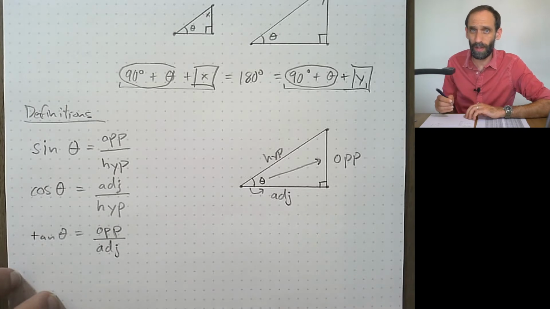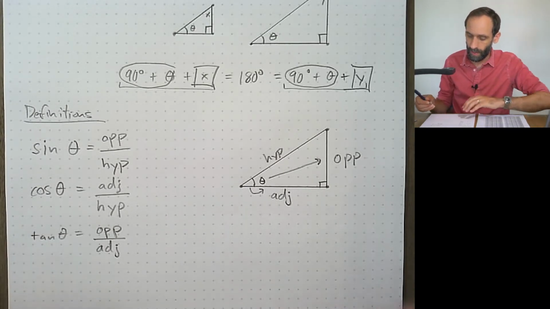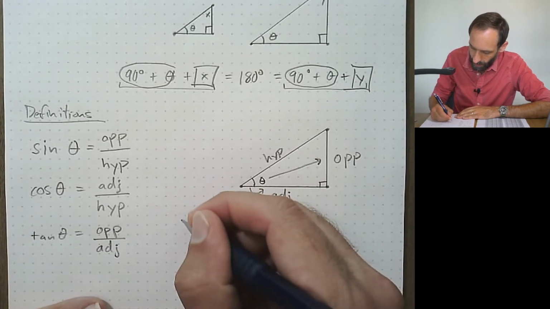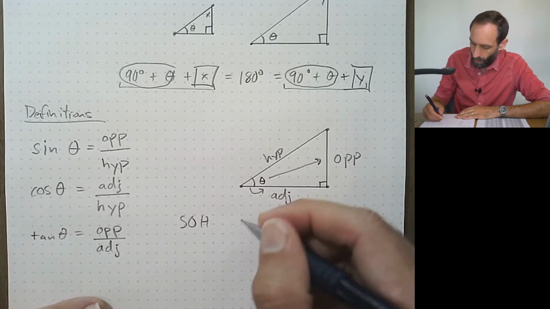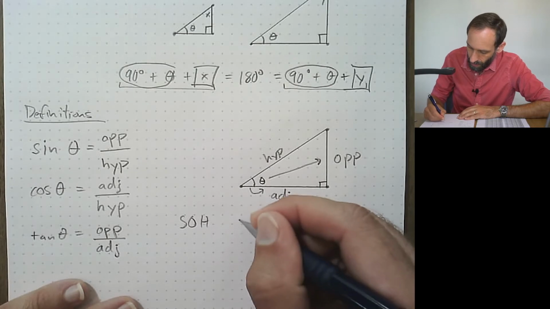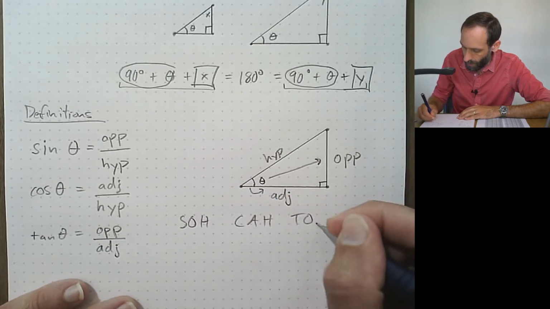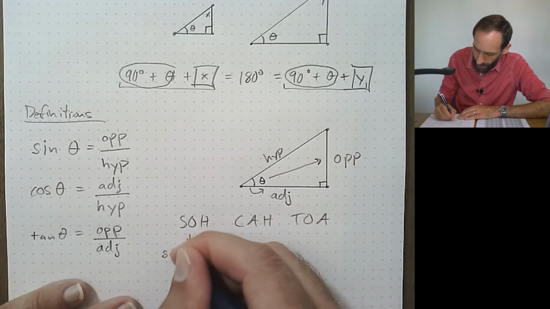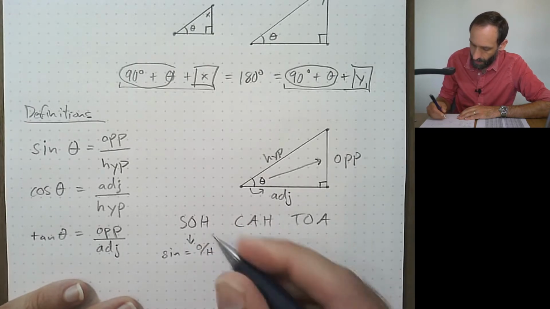Now, one mnemonic that many students find helpful for remembering these ratios is the mnemonic SOHCAHTOA. You may have heard this mnemonic before, so let's look at how it can help us remember these definitions. So SOHCAHTOA. The idea here is that sine equals opposite over hypotenuse.